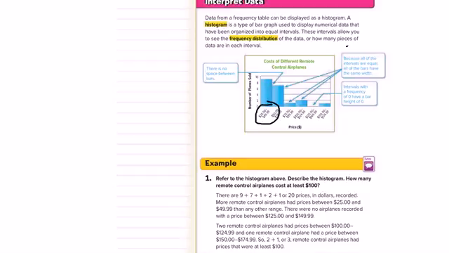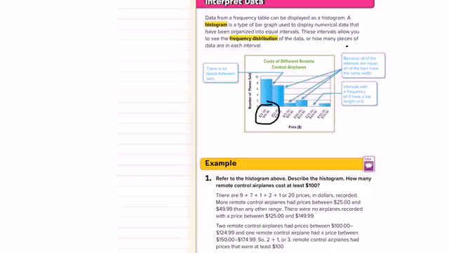There were no airplanes that were recorded with a price between $125 and $149.99. It says 2 remote control airplanes had prices between $100 and $124.99. And 1 remote control airplane had a price between $150 and $174.99.